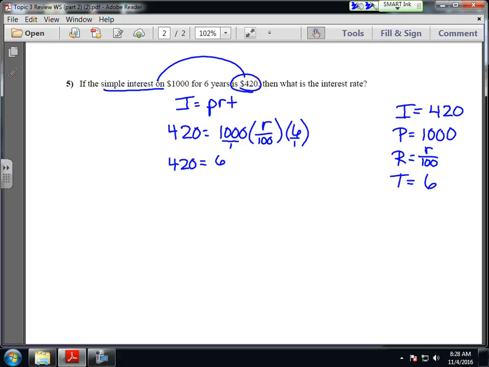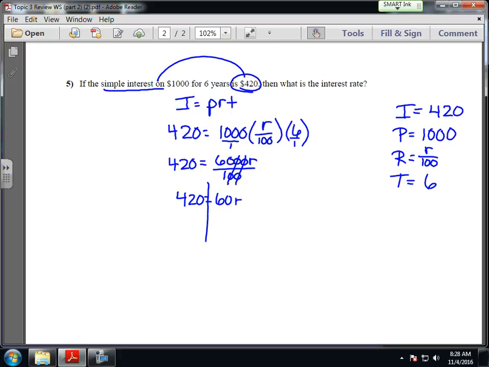Yes, I get 6,000 R. If I multiply the bottom, 1 times 100 times 1, I get 100. Does anybody remember the trick that we can do with the zeros? Yeah, because they have 2 matching zeros, we can cross them out. So now it's 420 equals 60R. We know how to solve that. Go ahead and solve it and put your answer down and make sure you circle it.